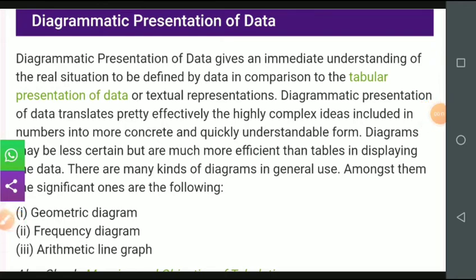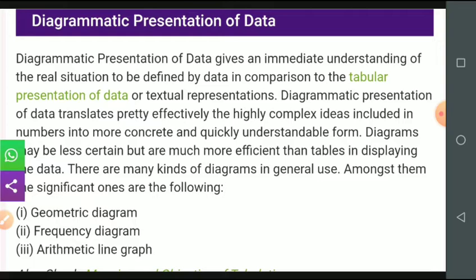Diagrammatic presentation of data gives an immediate understanding of the real situation defined by data, in comparison to the tabular presentation of data or textual representation.